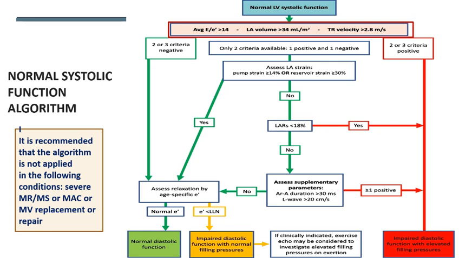Left ventricular relaxation should then be reported according to age-specific e prime. As diastolic impairment progresses and left ventricular filling pressure increases, parameters of left atrial function typically deteriorate. LARS less than 18% is suggestive of elevated left ventricular filling pressure.